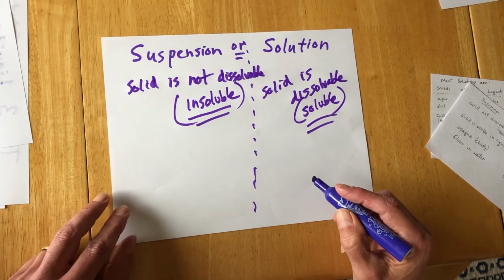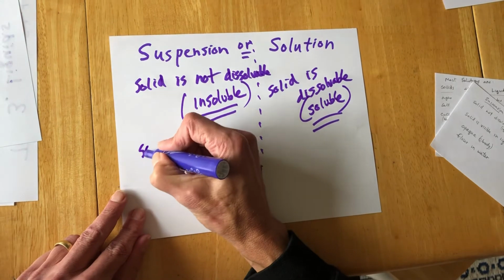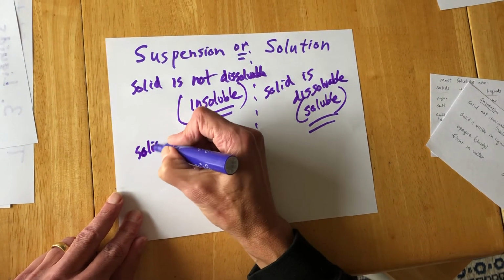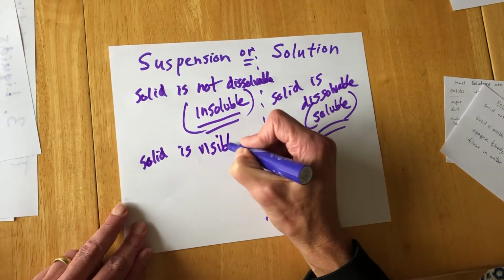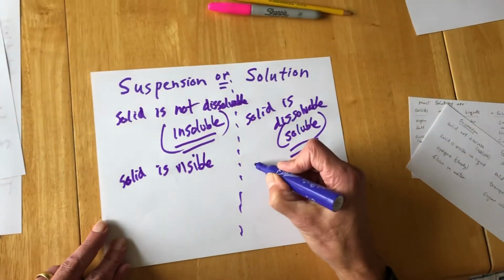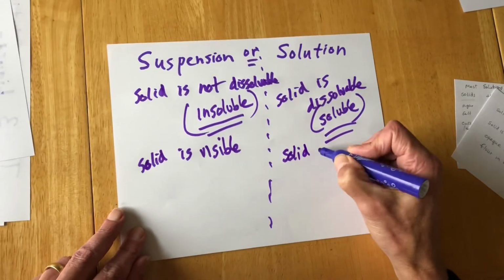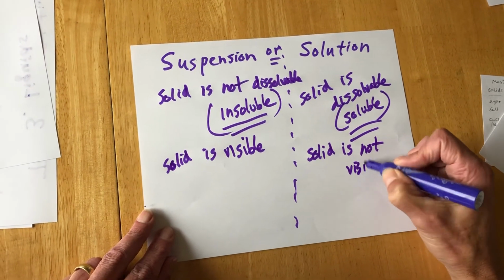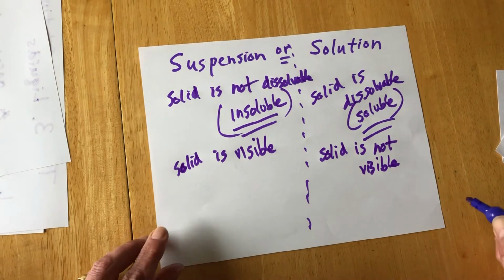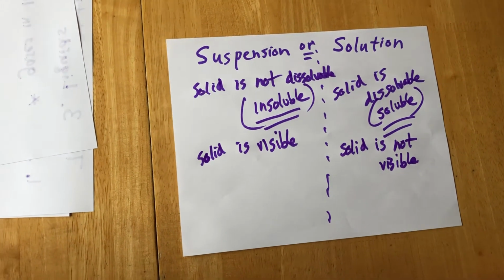In a suspension, the solid is visible. And in a solution, the solid is not visible.